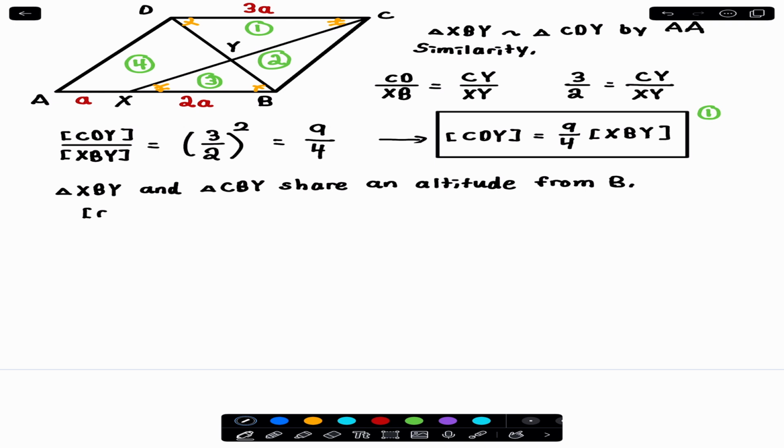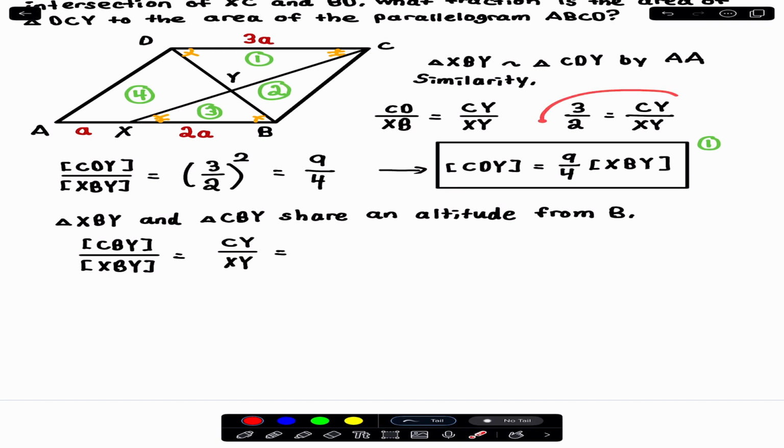This means that the area of triangle CBY to the area of triangle XBY is equal to CY over XY, which we know from here, which is why we did this before, is equal to 3/2.